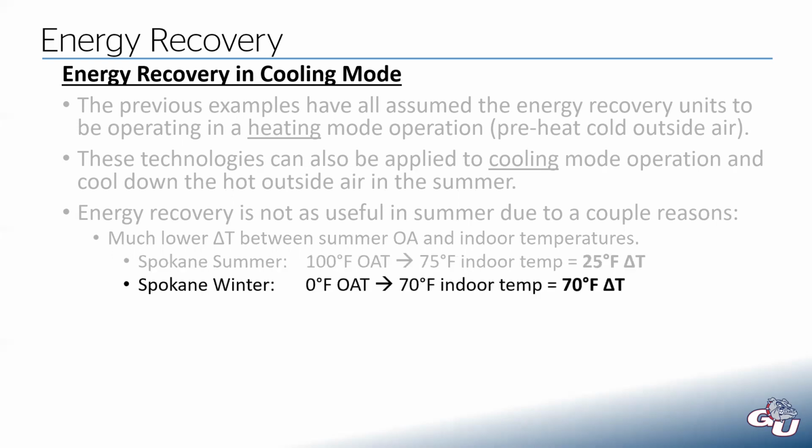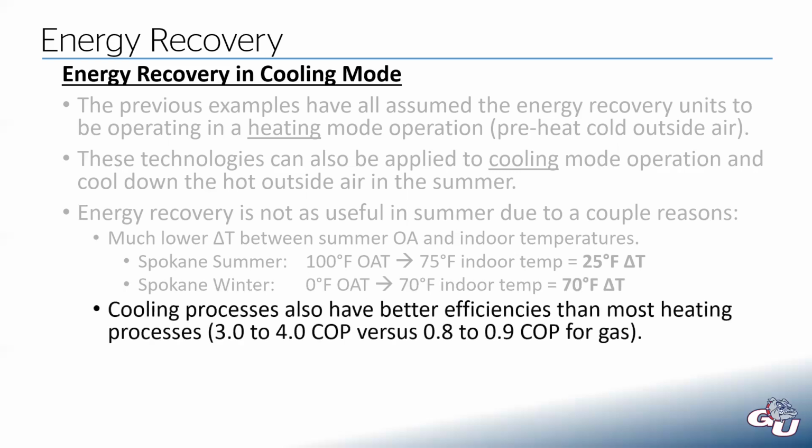In comparison, our winter design days are around 0 degrees, and we keep our buildings at around 70 degrees in the winter. So that is a 70-degree temperature difference. And the greater the delta T, the more recovery opportunity there is.